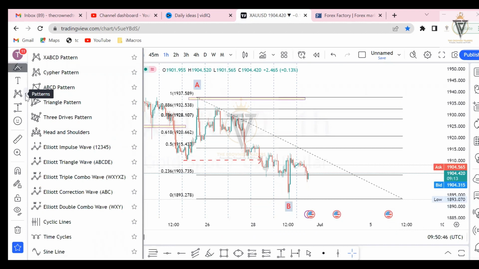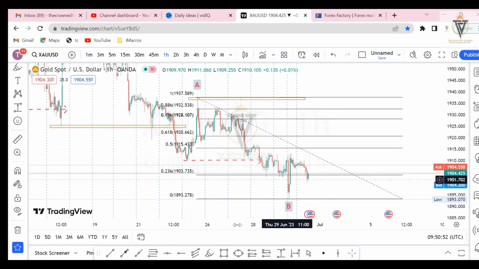Gold can decide to go lower from the 50 Fibonacci level, or the 61.8, or 78.6, or 88.6, seeing that it is bearish. Sorry, seeing that it is a safety asset and it's always buying.